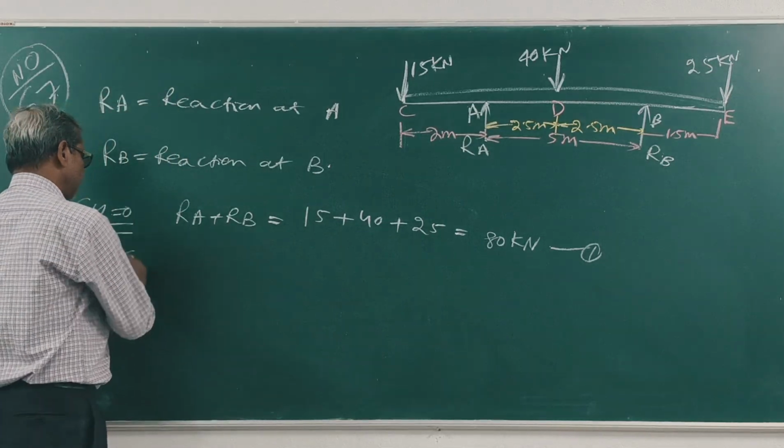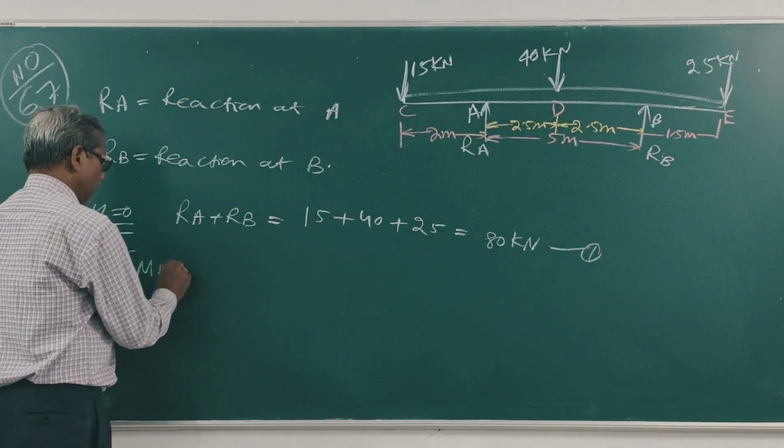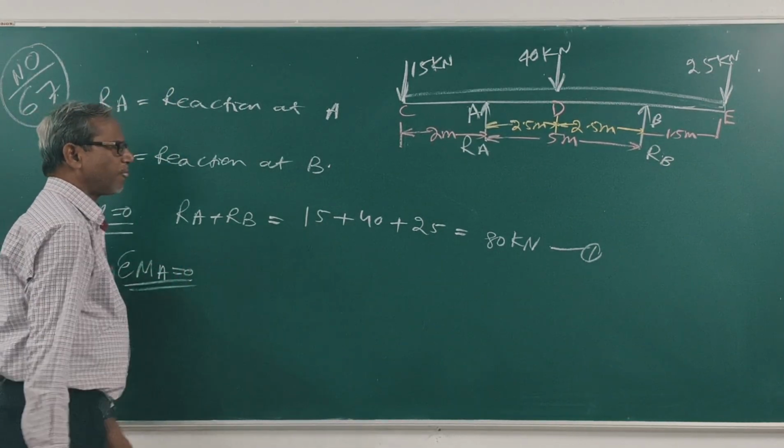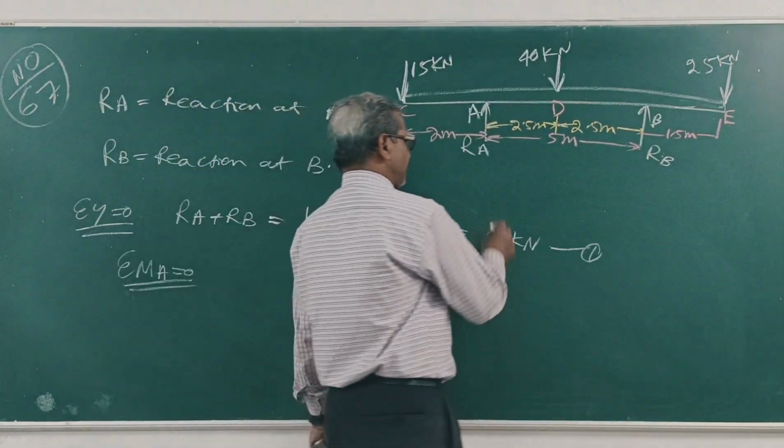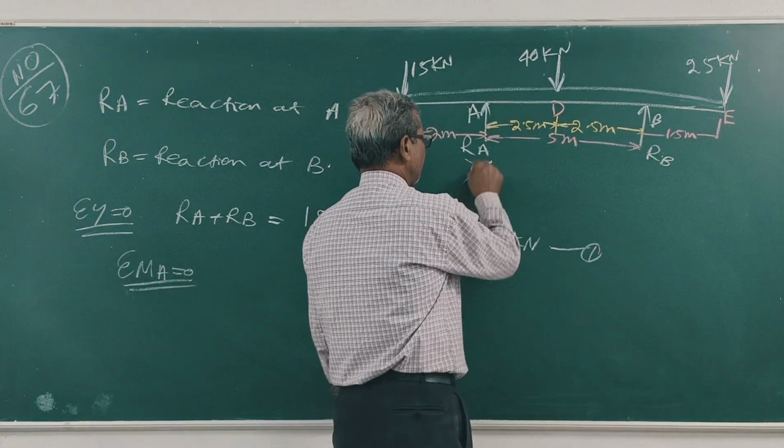Now take moments about A. RA passes through A, so its moment is 0.